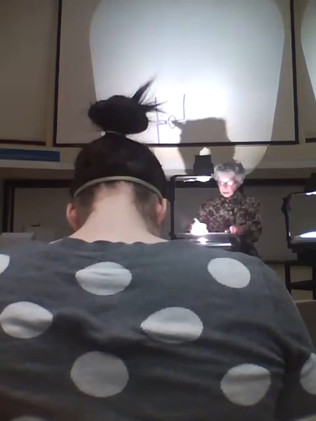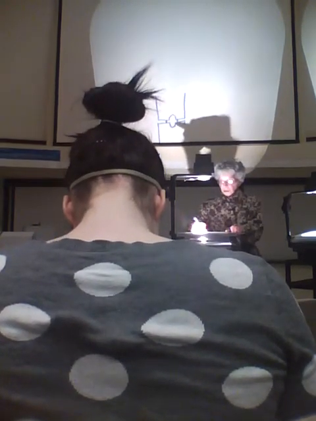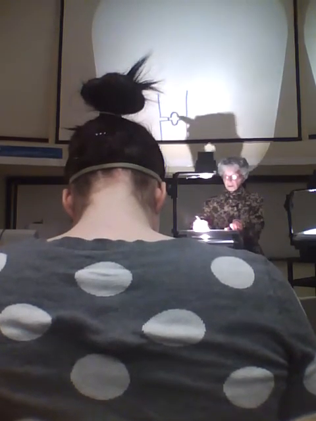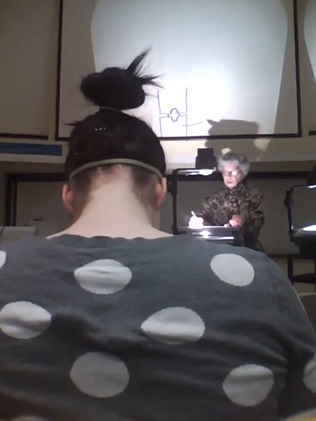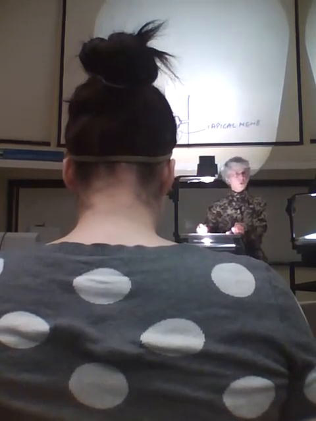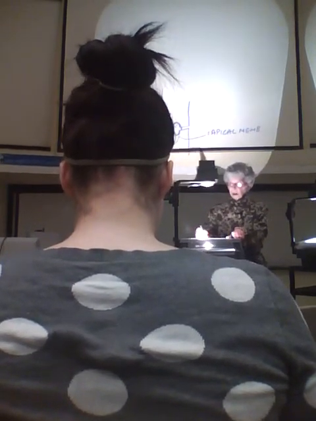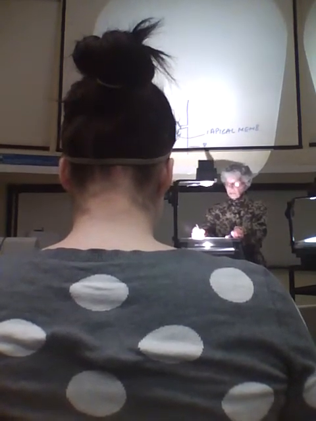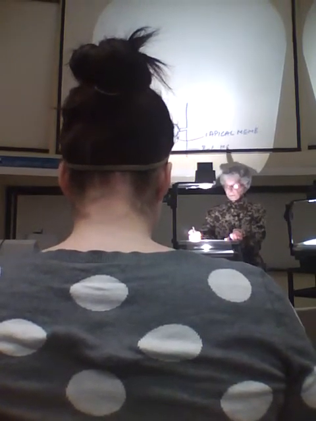But this particular part of the hepatocyte membrane that forms the canaliculus is considered to be the apical membrane of this cell, the front door membrane, whereas everywhere else around is the basolateral membrane.